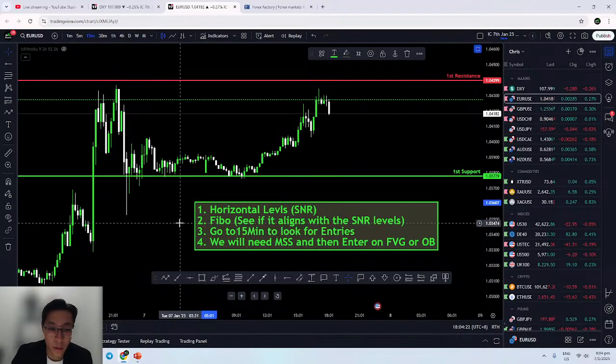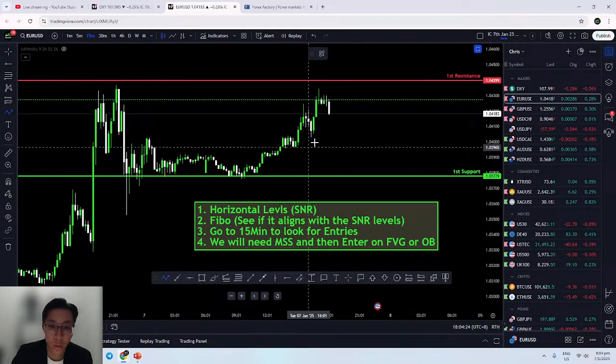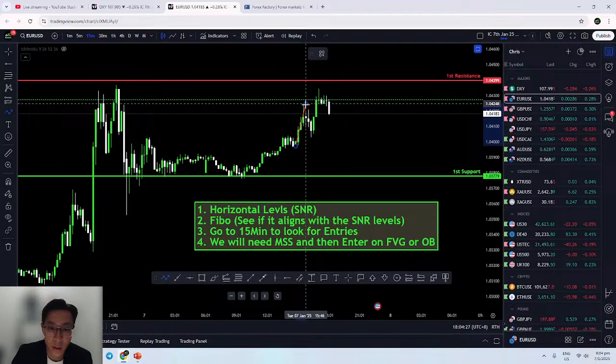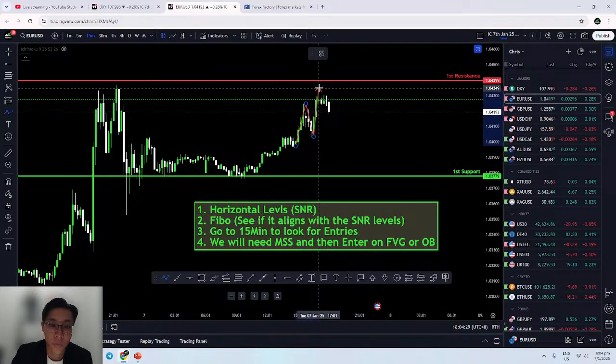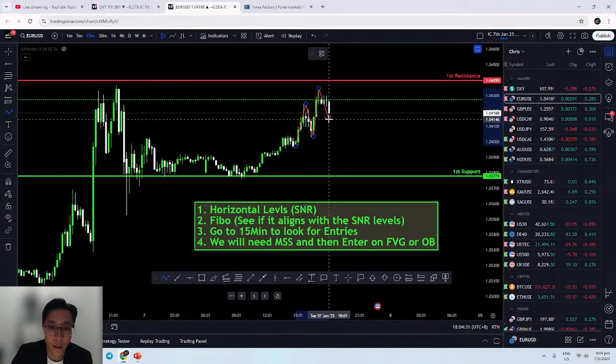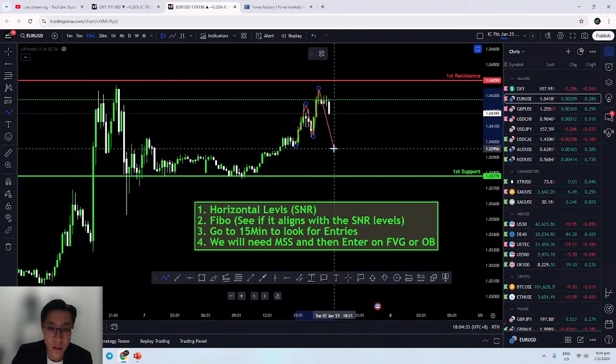So you go to 50 minute, and you can see price is still going up. We need a market structure shift, meaning that we need a strong move downwards.